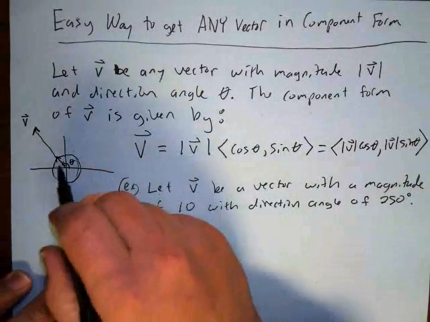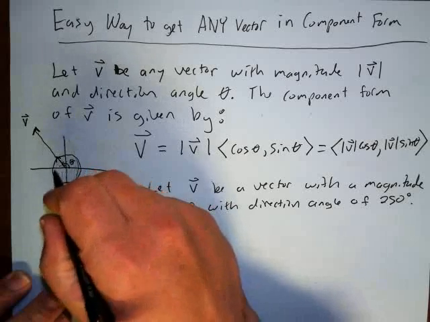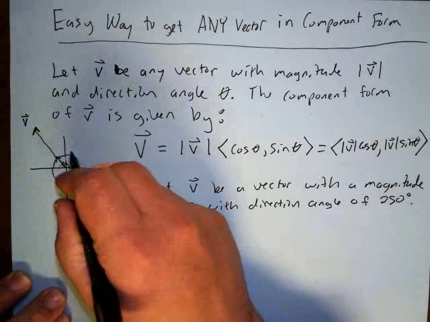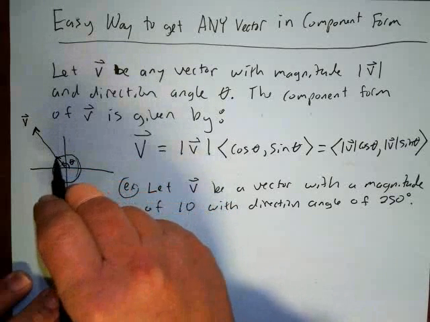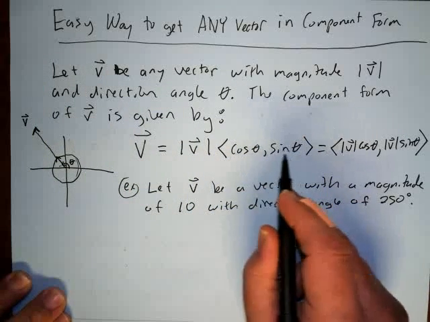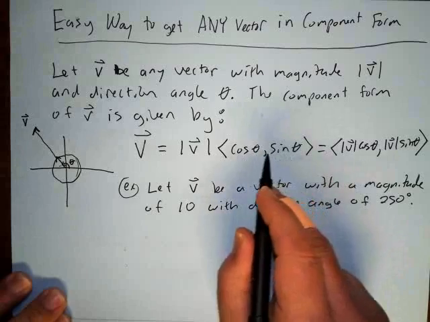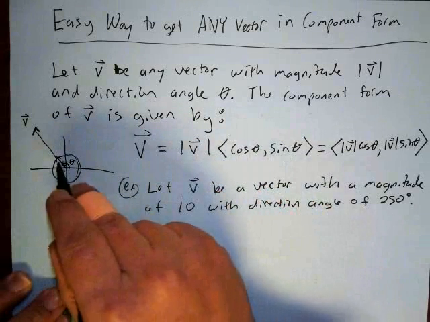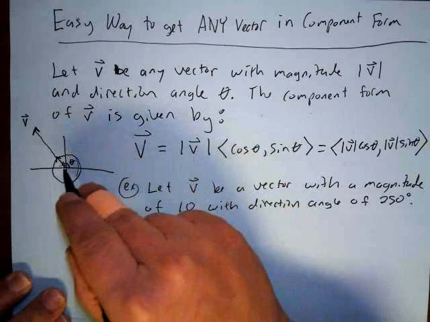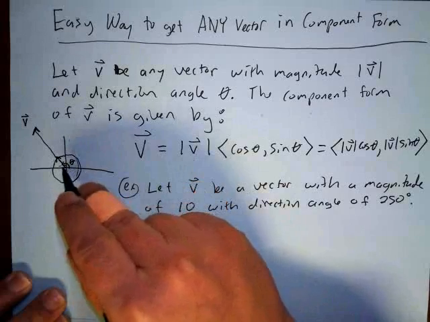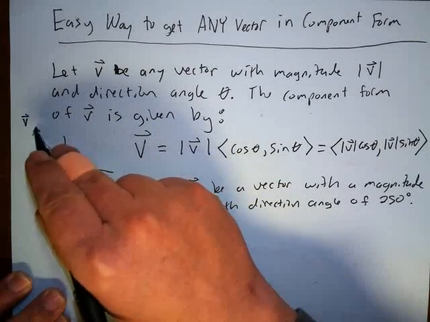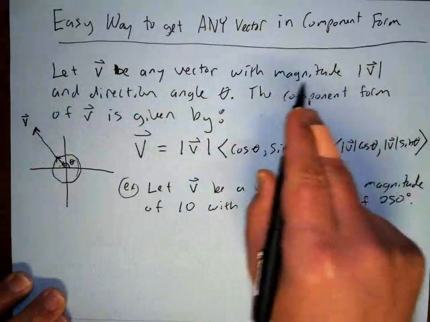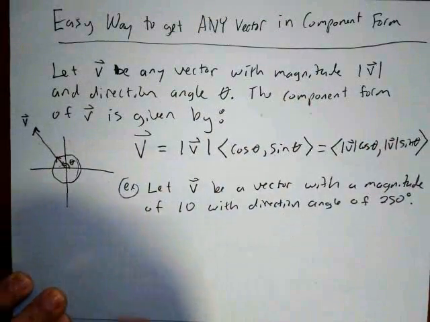Basically the idea here is that theta is spinning around the unit circle, and wherever it stops, you get the unit vector, which is just cosine theta, sine theta. And then what you're doing by multiplying it by the magnitude of v is taking that unit vector and scaling it so that this vector has a magnitude of v, which is what you want.